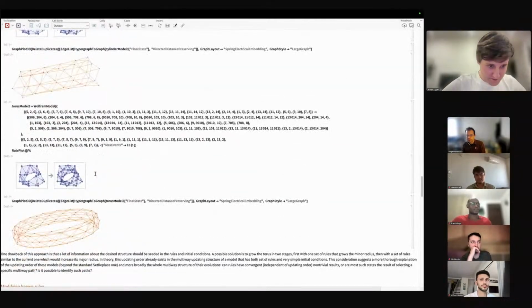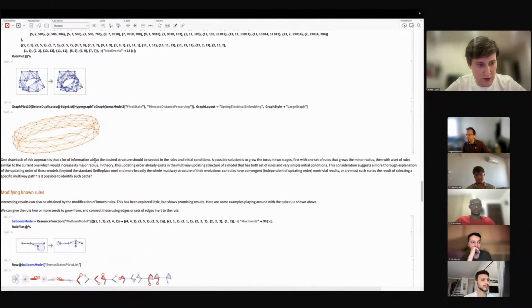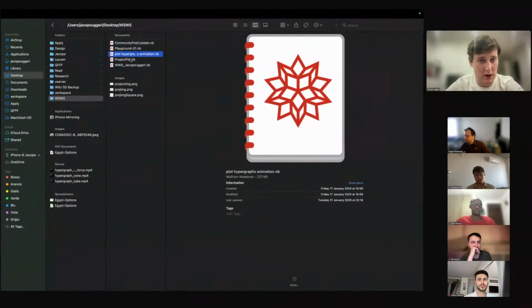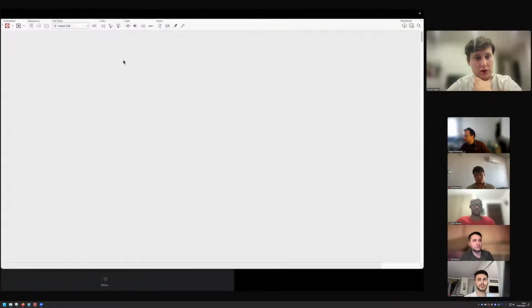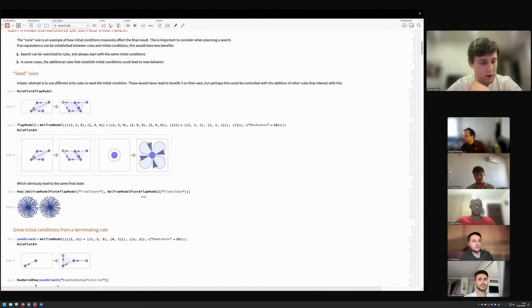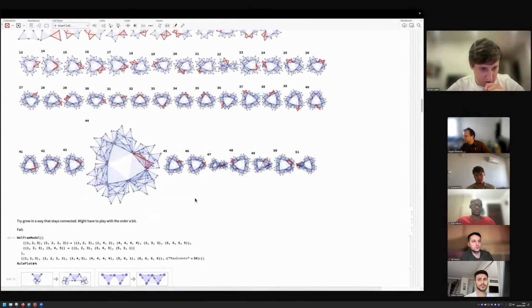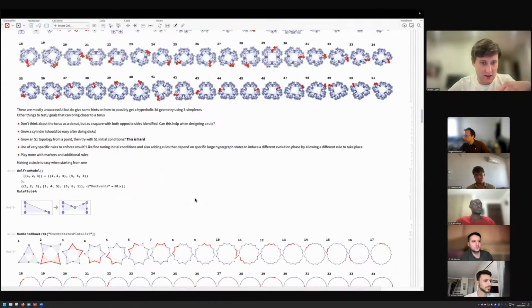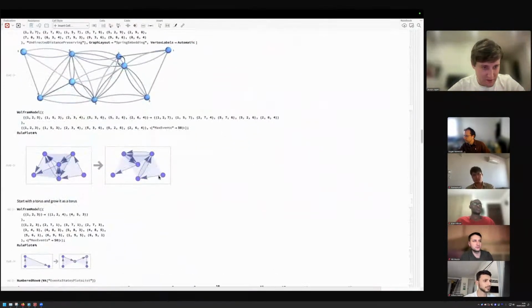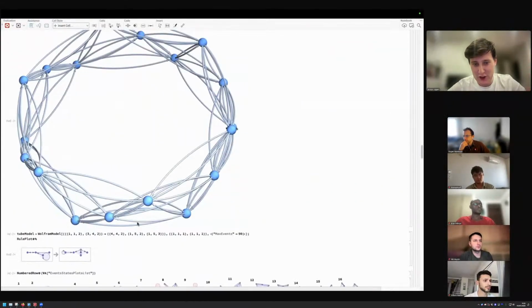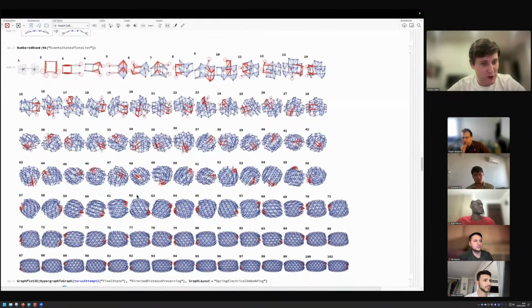I don't have it here because this is the Wolfram community post. Let's see if I can find the project file. What happens is that it again starts updating in different places, and so what comes out of it is not what I wanted.